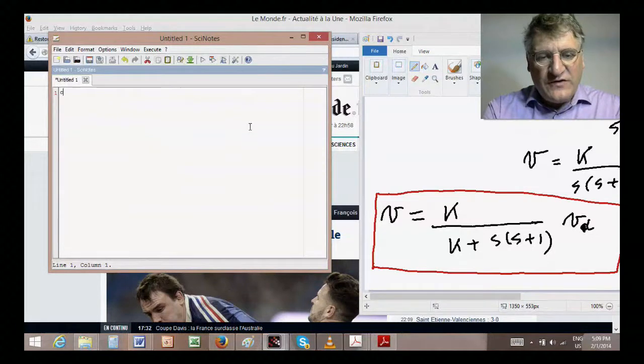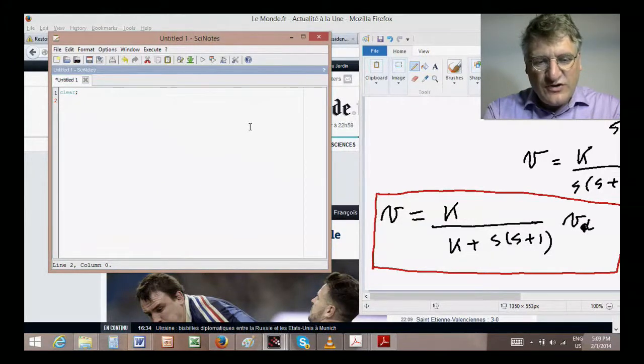To write this program, we first need to clear all variables, which you do by writing the command clear. We then are going to choose a range of values of k. For the sake of simplicity, we're going to choose k to range from 0 by intervals of 0.2 up until the value 2.